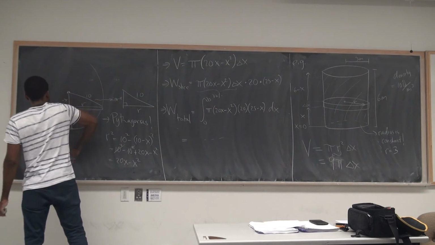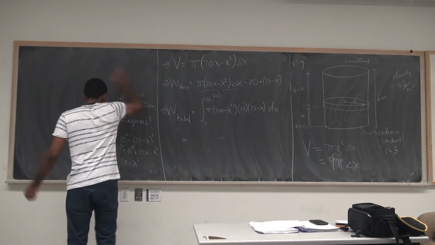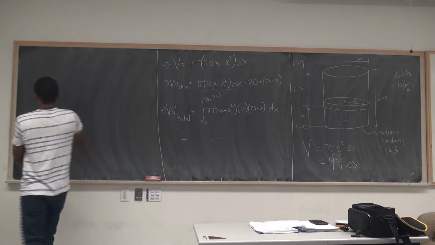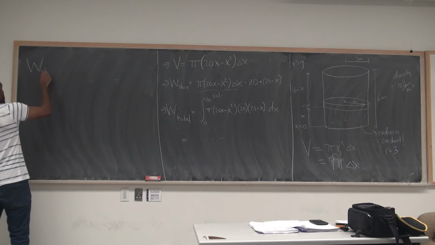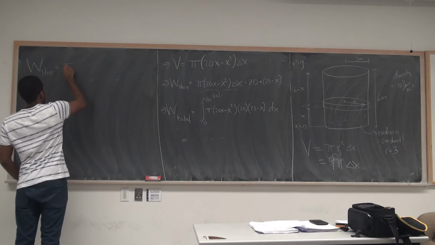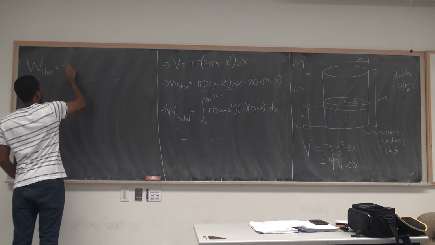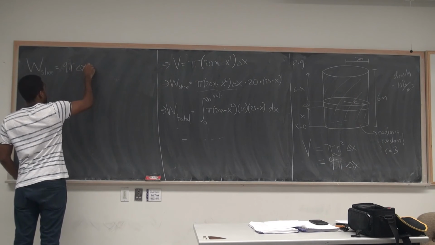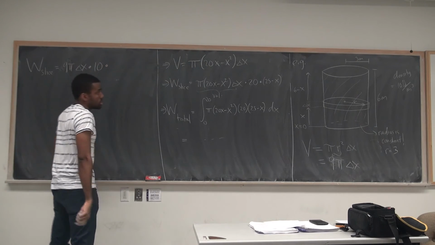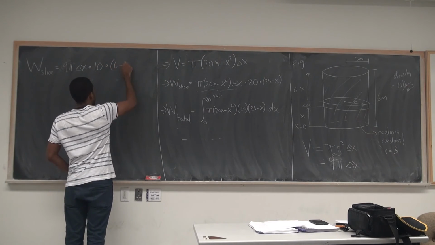So now we're going to plug it in. Our units already match up, we're already in pounds, so we don't have to worry about gravity. The work to move that slice of water is going to be volume times density, which is 10, times distance, which is 6 minus x.